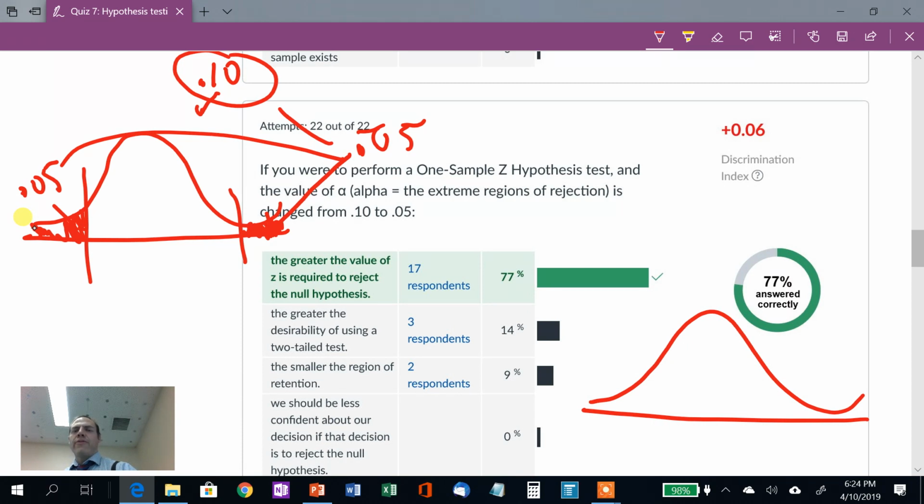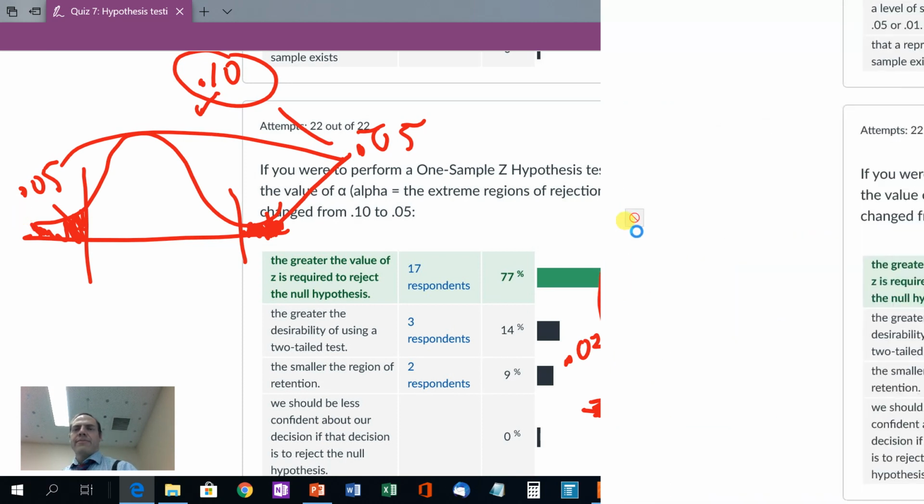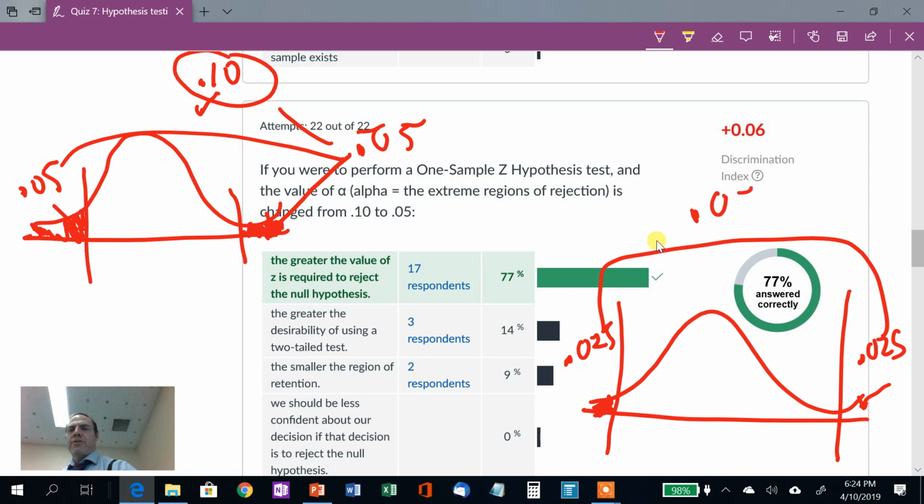So the critical lines go further away from the mean, like here. And so this is going to be 0.025, 0.025, if you add them together, equals 0.05.